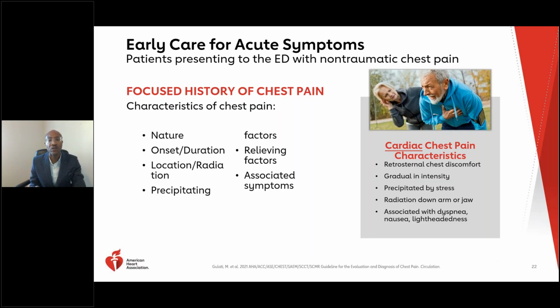And you'll find that when we get to the discussion on the clinical decision pathways, the history really can give someone more points or stratify them to be low risk, high risk, or intermediate risk specifically.